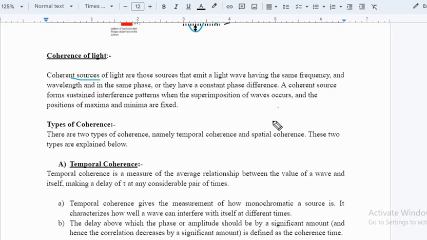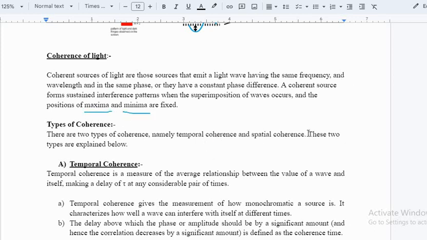So if you fix the phase values, obviously if you are taking from the same light source, its amplitude, wavelength and frequency will be the same, and if you are able to adjust the phase values, you will get coherent light sources, and these will give you interference. In interference, you will get maxima and minima.